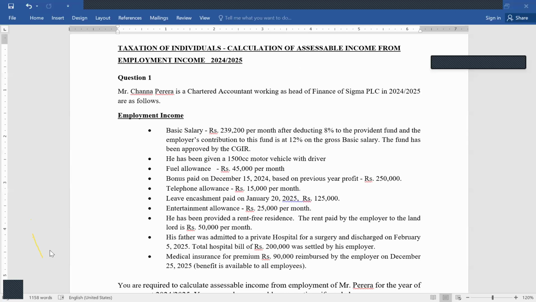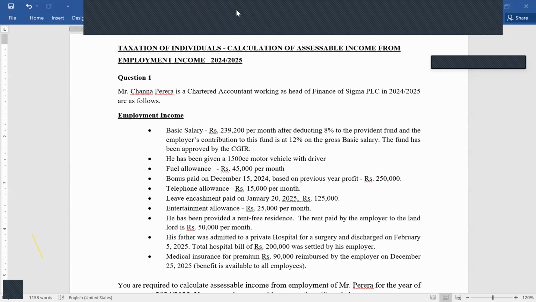Then entertainment allowance. What about entertainment allowance? Is it liable or not?